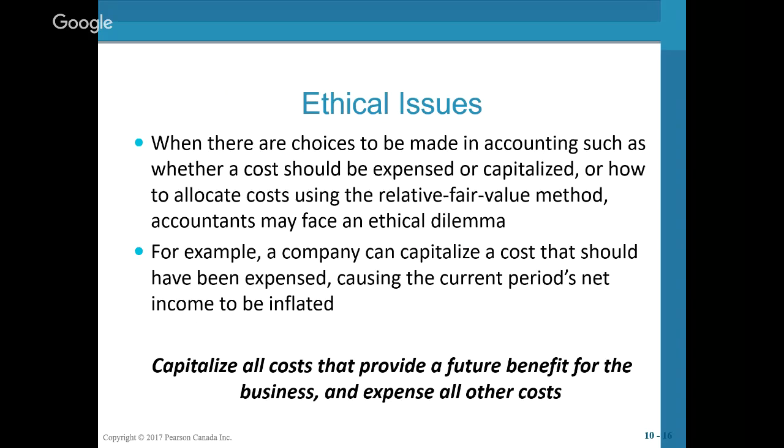So you've got to be a little careful here because this could create an ethical dilemma. The idea that we have to come back to over and over again is what gives the best benefit or best information to our shareholders. And that's how we come up with GAAP. GAAP then gives us some guidance around which costs should be capitalized, which ones should be expensed.